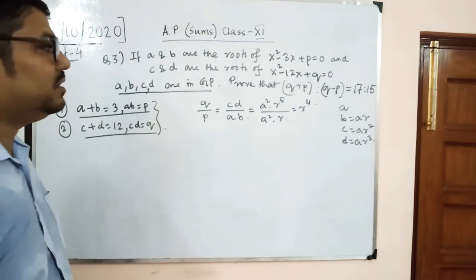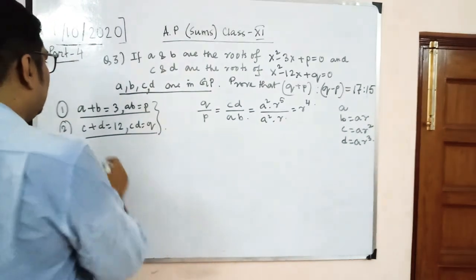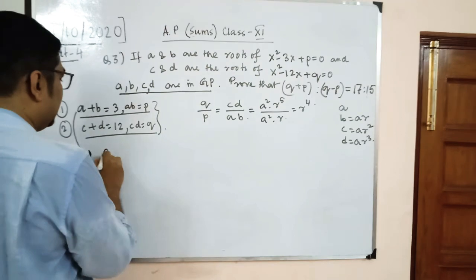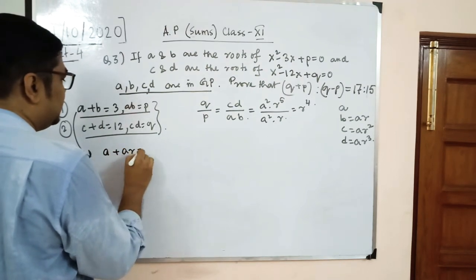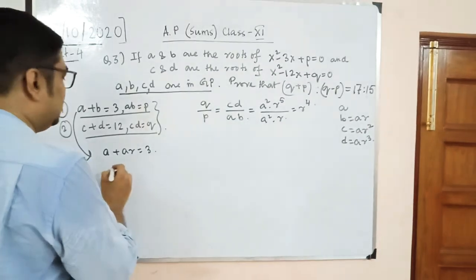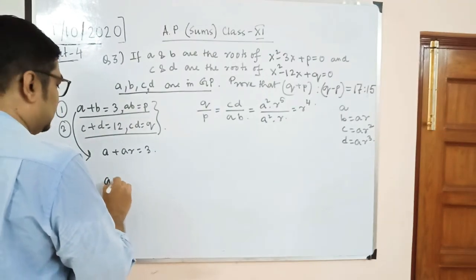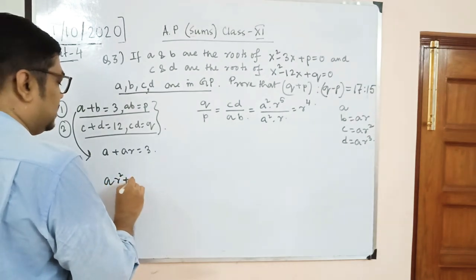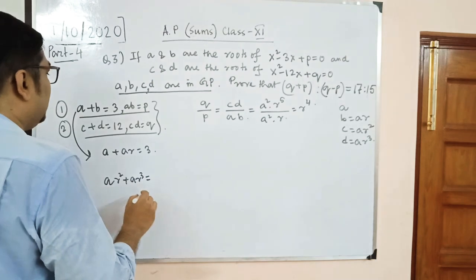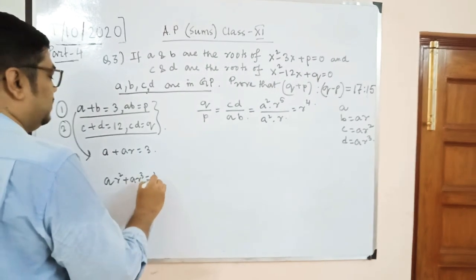So if we can find out the value of R from here, then the work is done. So what we can know from this, A plus B, so that is A plus AR, which is 3, and C plus D, which is AR square plus AR cube, and that is equal to 12.